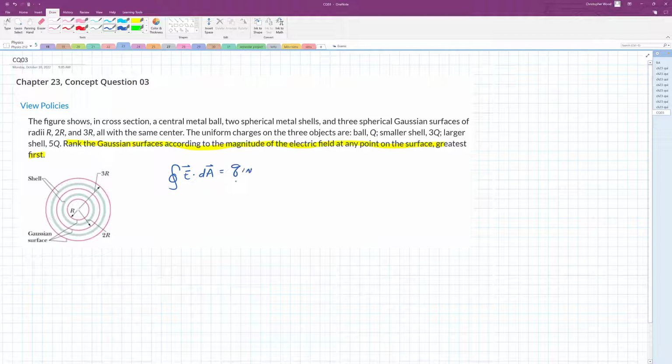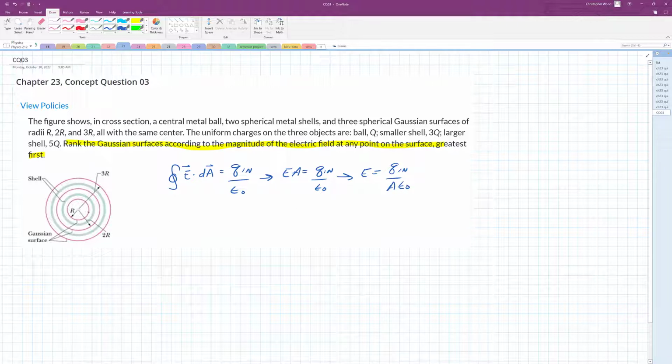Equals the enclosed charge over epsilon naught, and this can pretty quickly become EdA equals the amount of enclosed charge over epsilon naught, which means I can write E as equal to enclosed charge over A epsilon naught.